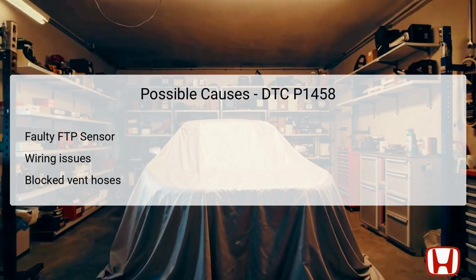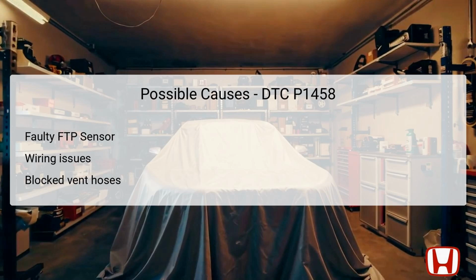One primary cause is a faulty FTP sensor, which may provide inaccurate pressure readings due to internal failures or sensor degradation over time. Another potential issue might be wiring problems, such as damaged or corroded connections leading from the sensor to the PCM.